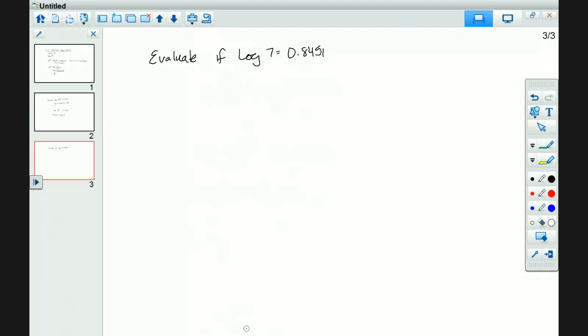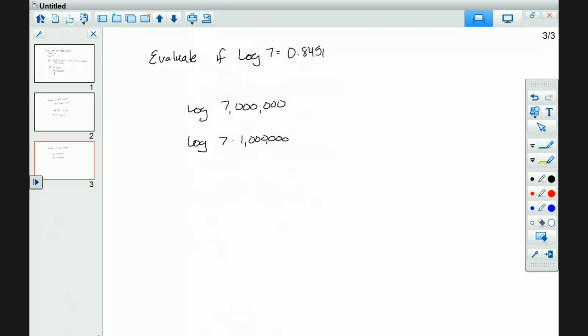What is the log of 7 million? So your goal here would be to split it into a power of 10 and something with 7. So I can do 7 times what? 1 million, right?